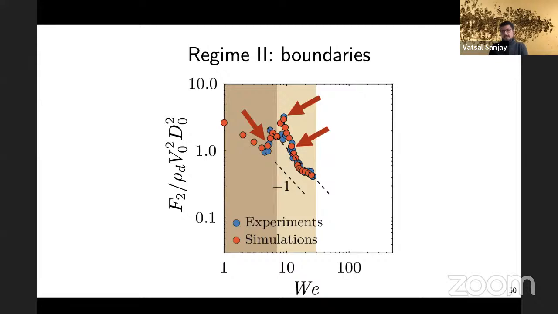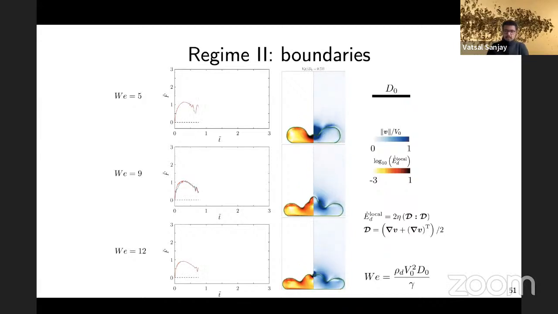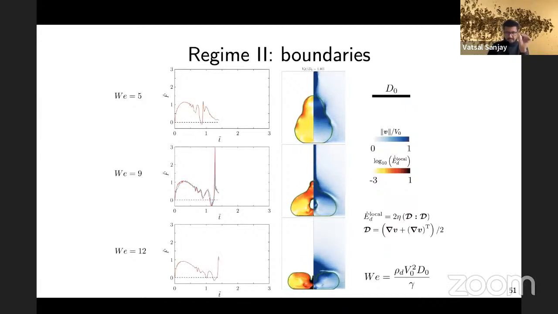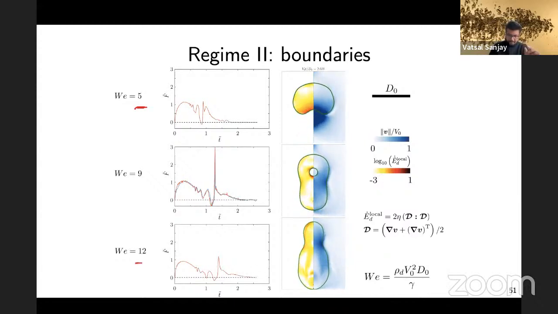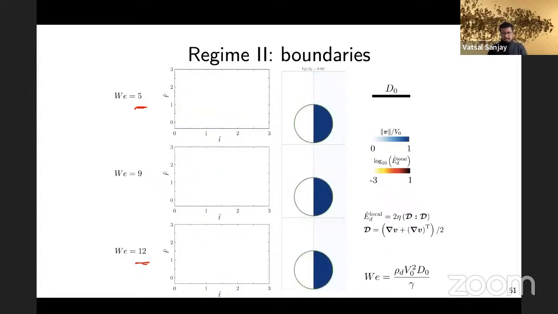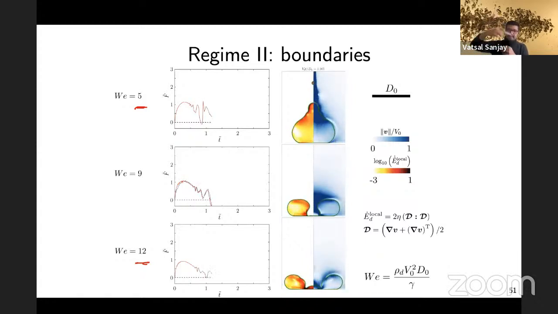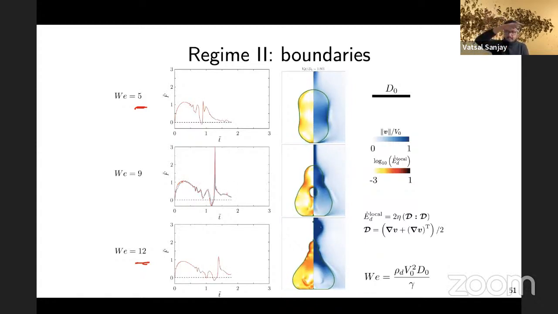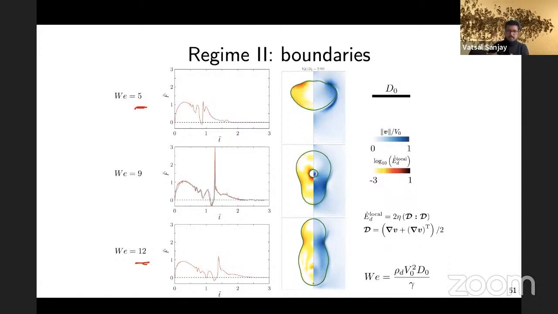The question naturally arises: what sets the boundaries of this regime over here? So let me show you 3 movies. By the way, this regime, as I said, is very narrow. In fact, the moment you go to a Weber number of 5 or a Weber number of 12, we see 2 things. One is that the bubble disappears, and second is that the second sharp peak that we saw for Weber 9 gets blunted out, and it doesn't go as high as in these two cases.